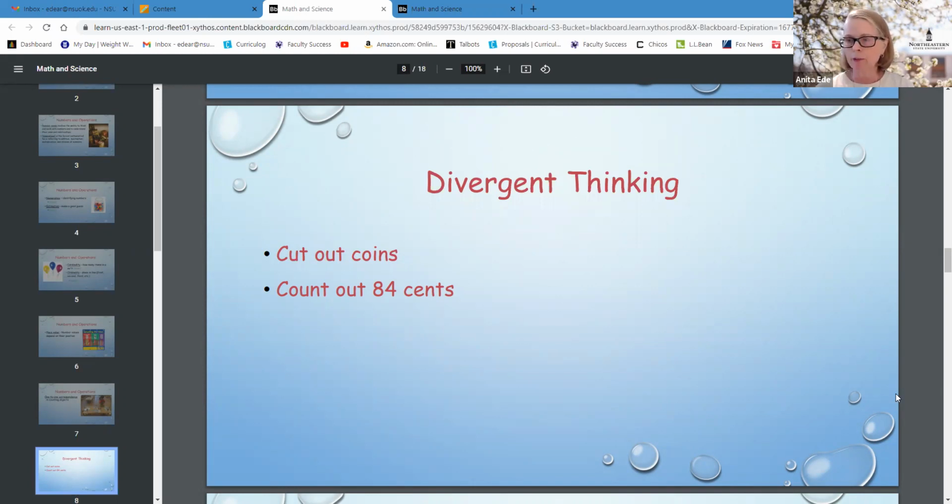So they would write 84 cents on their paper. But then I had a great big tub of plastic money, and they would literally have to lay out on that paper 4 different ways of coming up with 84 cents.